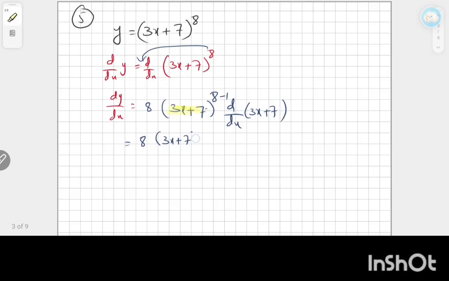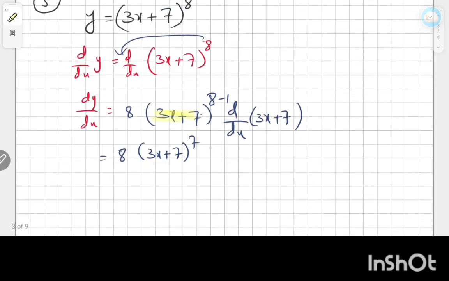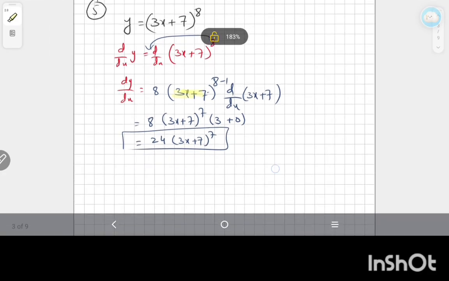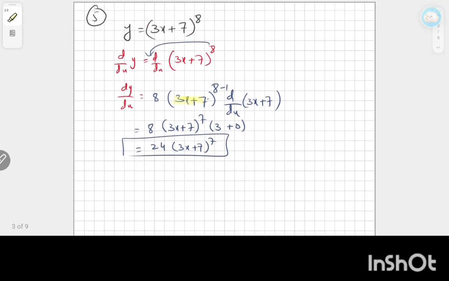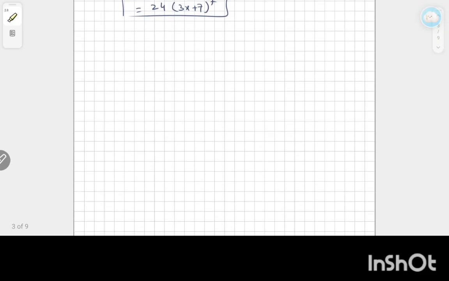What will happen? It will be the derivative of 3x, we know its derivative is 3, and the constant 7, its derivative is 0. So 3 eights are 24, (3x plus 7) power 7. Hopefully you can understand and memorize these concepts and answers. Okay, now we will go toward our next concept.